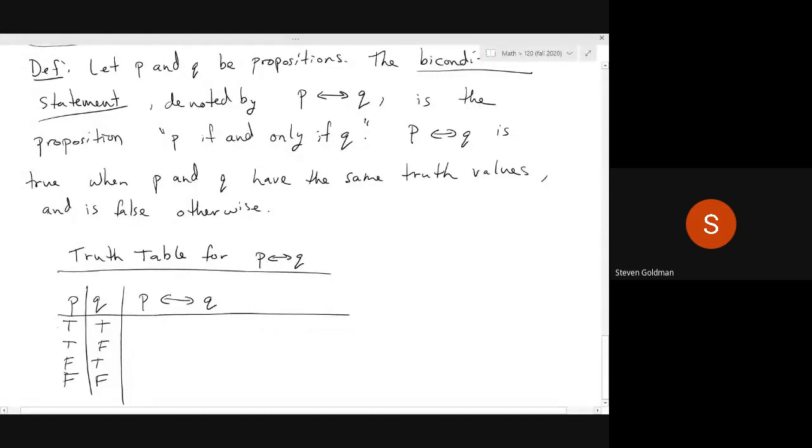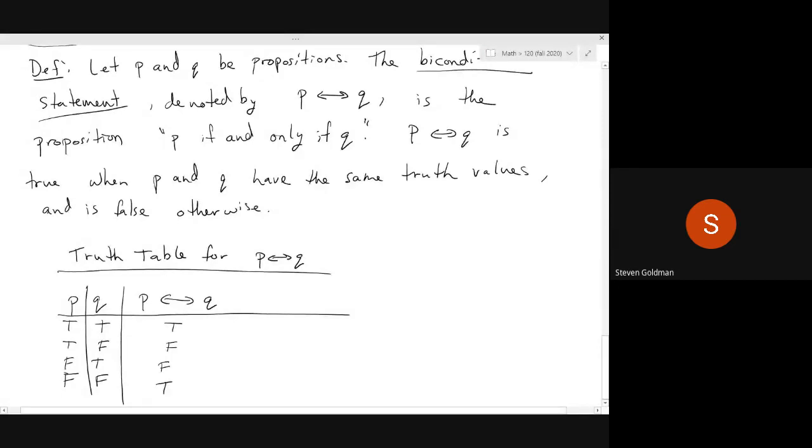In our first row, P and Q have the same truth value, so the biconditional statement would be true. If P is true but Q is false, they have different truth values, so the biconditional statement would be false. Third row, P is false, Q is true. Those are different truth values, so the statement would be false. And the final one, P is false, Q is false. They have the same truth value, so again, the biconditional statement would be true.